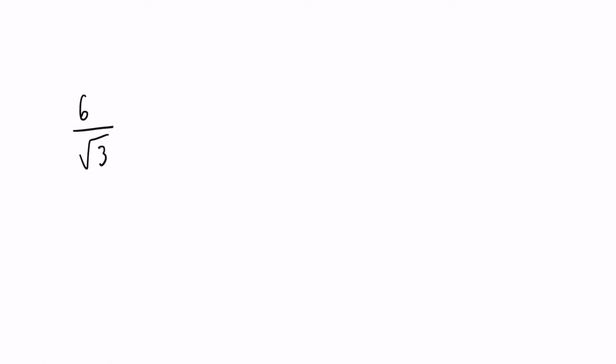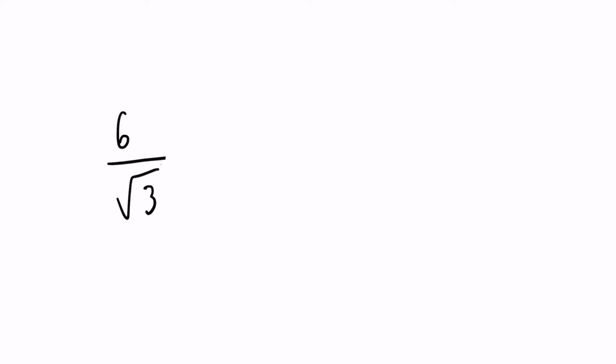The aim of rationalising simply means to get the surd, our root 3 in this case, off the bottom of the fraction. So we just want a regular number on the bottom. And the way we do that, based on the rule we talked about on the other page, is we must multiply the top and the bottom by our denominator.